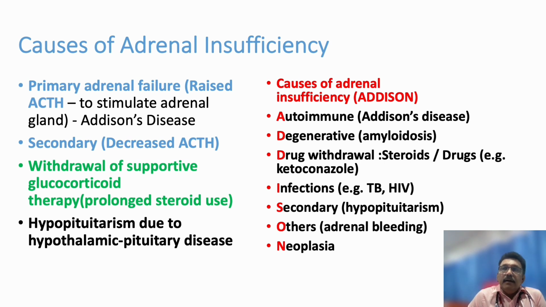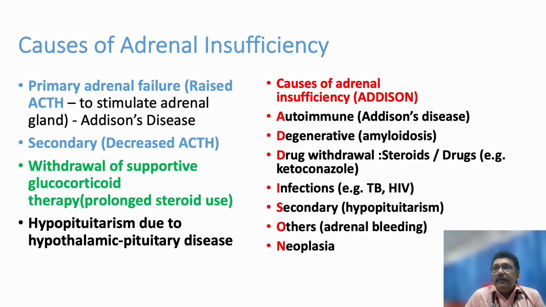So the scenario will be like this: patient may be on long-term steroids. Suddenly they skip some doses of these steroids. They go to hypotension, shock and all. Second scenario is patient is having replacement hydrocortisone therapy for primary or secondary adrenal insufficiency.